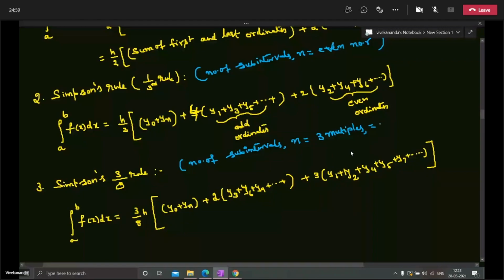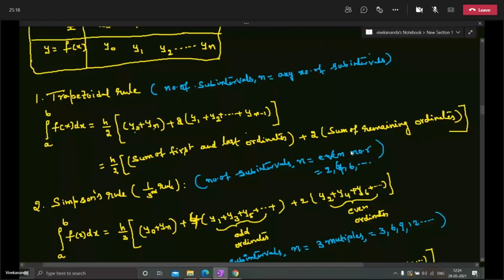For Simpson's 3 by 8 rule the number of subintervals should be a multiple of 3, like 3, 6, 9. For Simpson's rule it should be even, like 2, 4, 6 and so on. In the trapezoidal rule, any number may be 2 or 3 or 4 or 5 or 6, any number. So these are the conditions for application of the trapezoidal, Simpson's and Simpson's 3 by 8 rule.